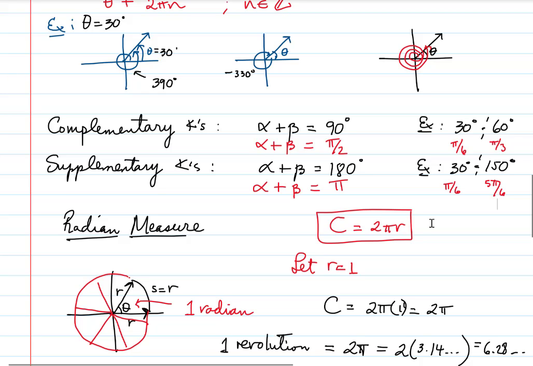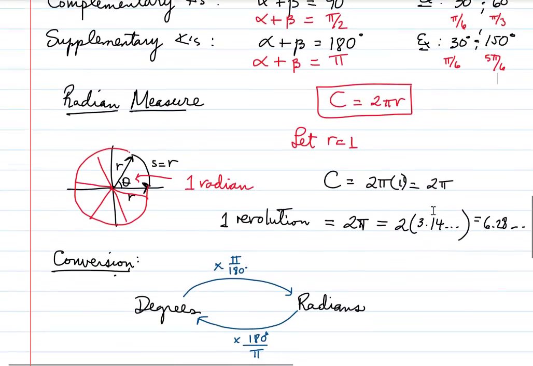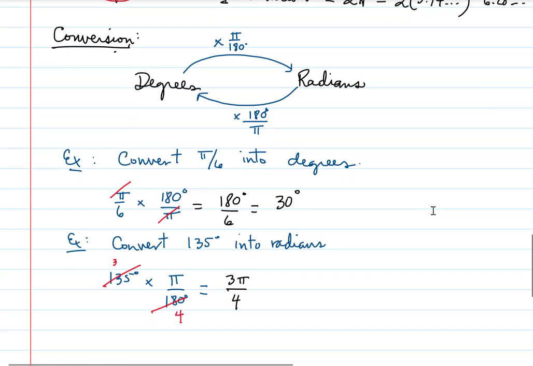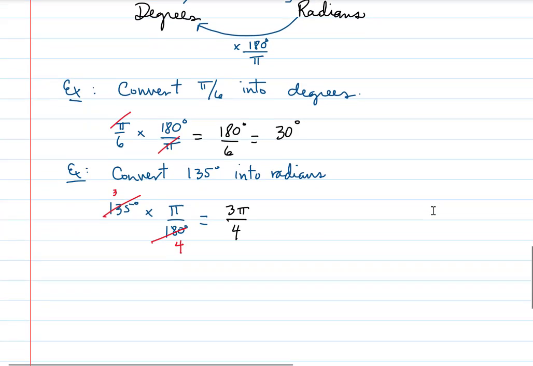So if you're good around fractions, then you should be able to quickly do those. If not, you can always use your conversion to go back and forth. It may take you a little bit at first, but hopefully with practice, you get a little bit more proficient with using radians.